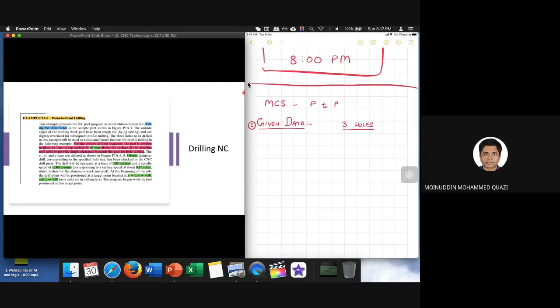For the present drilling sequence, the part is gripped in place so that its top surface is 40 mm above the surface of the machine tool table. So this part is basically gripped so that its top surface is 40 mm above.